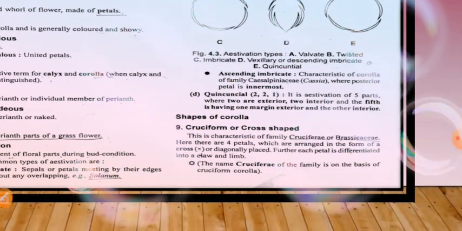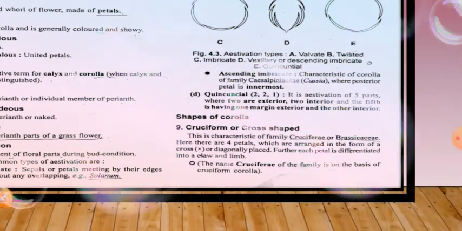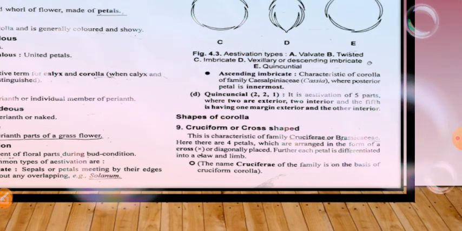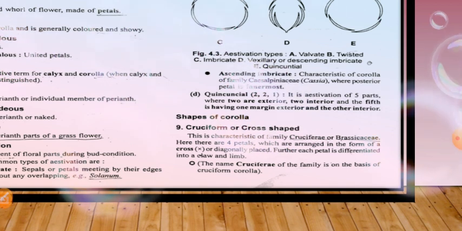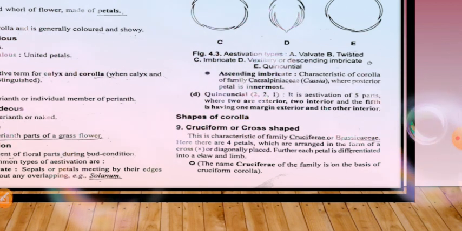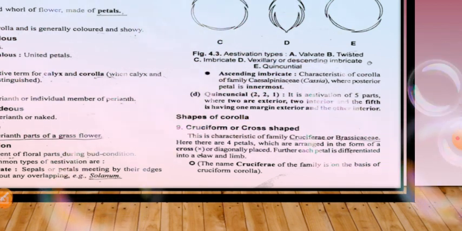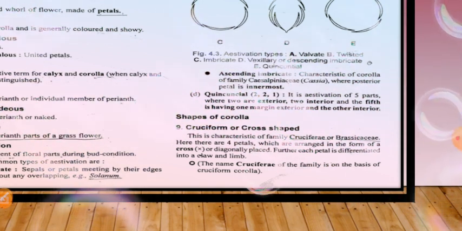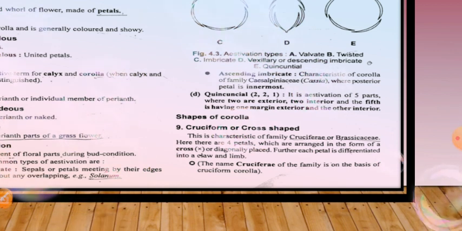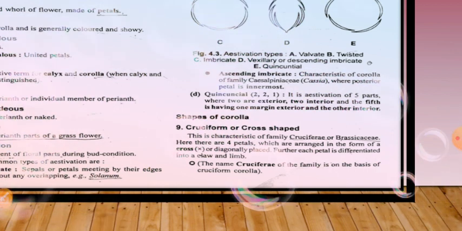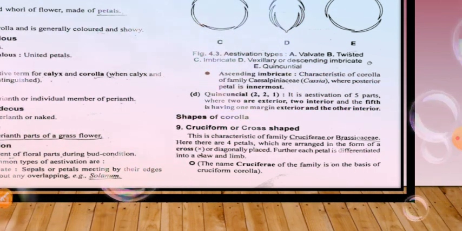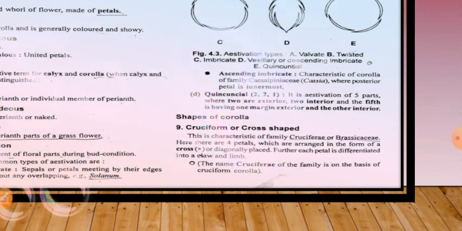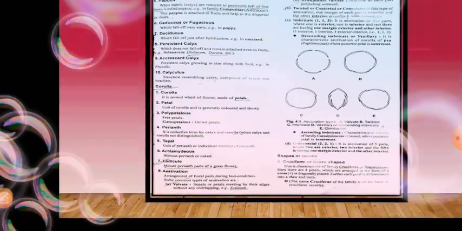Then comes the shape of the corolla. In the next video we will describe all the details of the shape of the corolla. It is of various types: it may be cross shaped, campanulate or bell shaped, infundibular or funnel shaped, tubular, butterfly shaped, bilabiate, and so on.